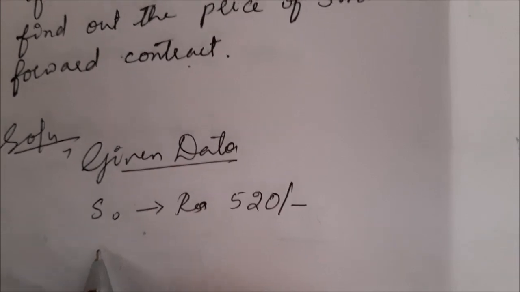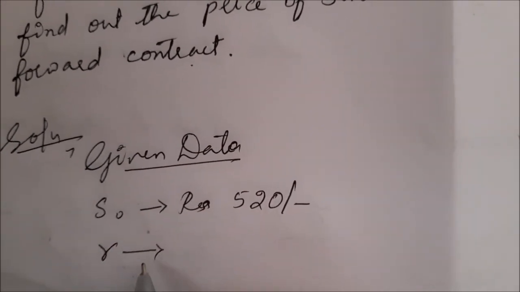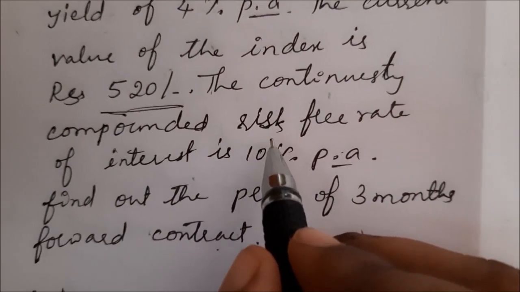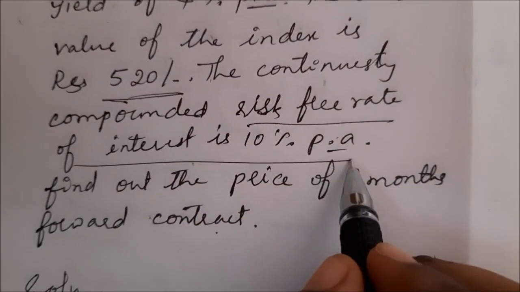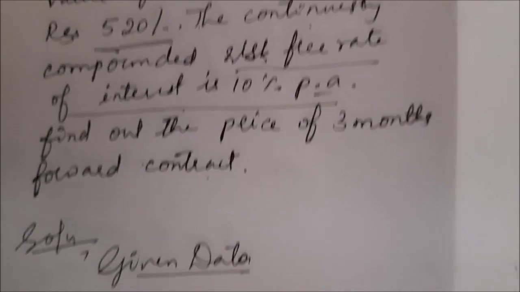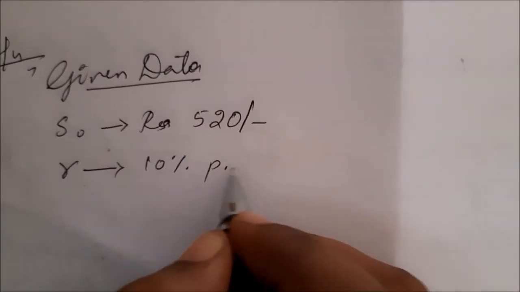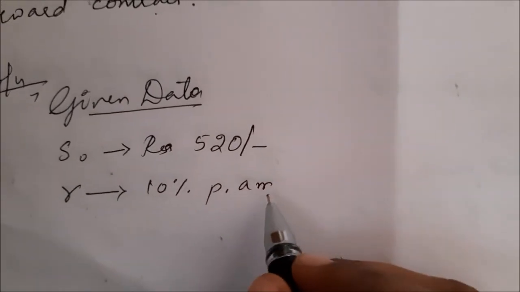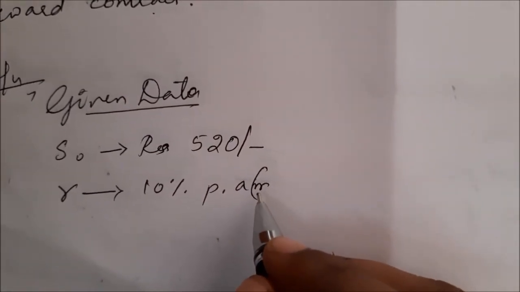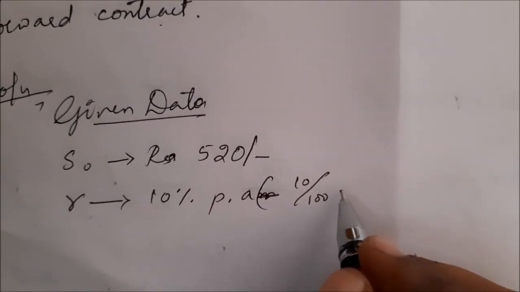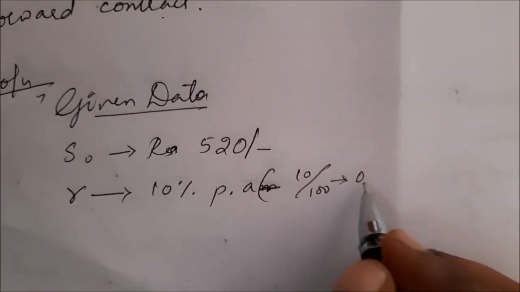Next, R is given in the problem, the risk-free rate of interest. Risk-free rate of interest is 10% per annum. So write down 10%. It means 10 divided by 100, we will get 0.1.